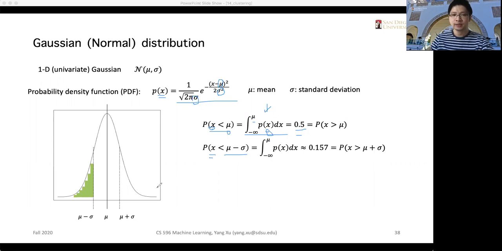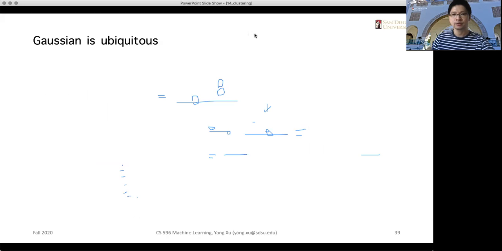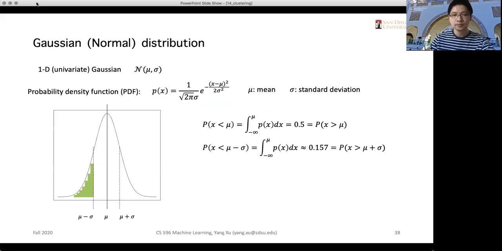Okay, and it's actually the same value as this range on the right wing, which is the probability that the random variable is greater than the mean value plus one standard deviation. Okay, so these are just simple examples showing how the PDF functions can be used in various types of computations.